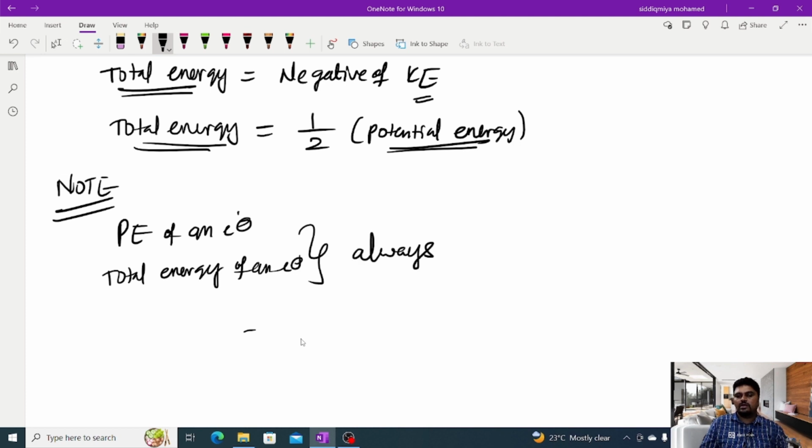That is the first thing. And second, the kinetic energy of an electron is always positive.